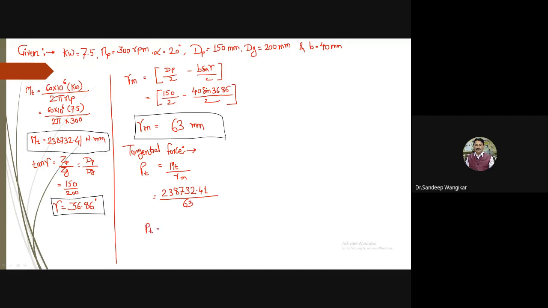You will get the answer PT is equal to 3789.40 Newton. Now let us proceed with the remaining two.